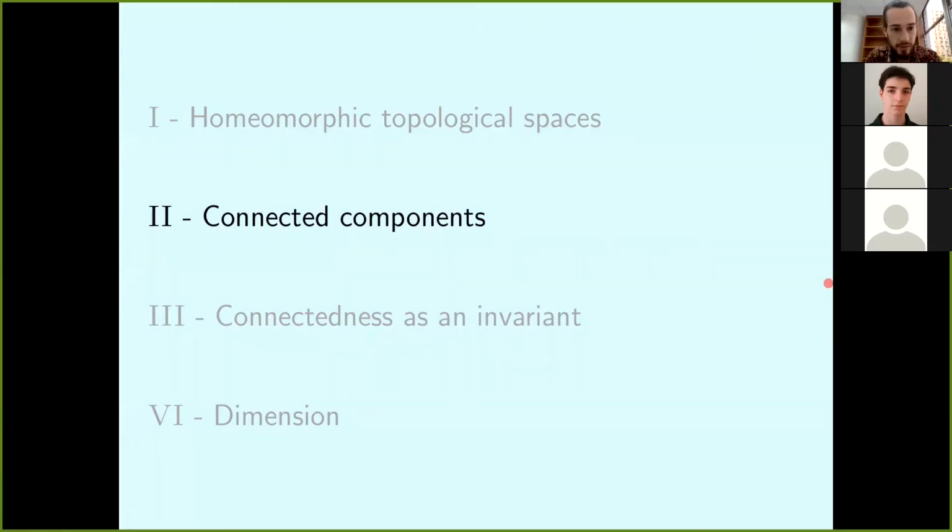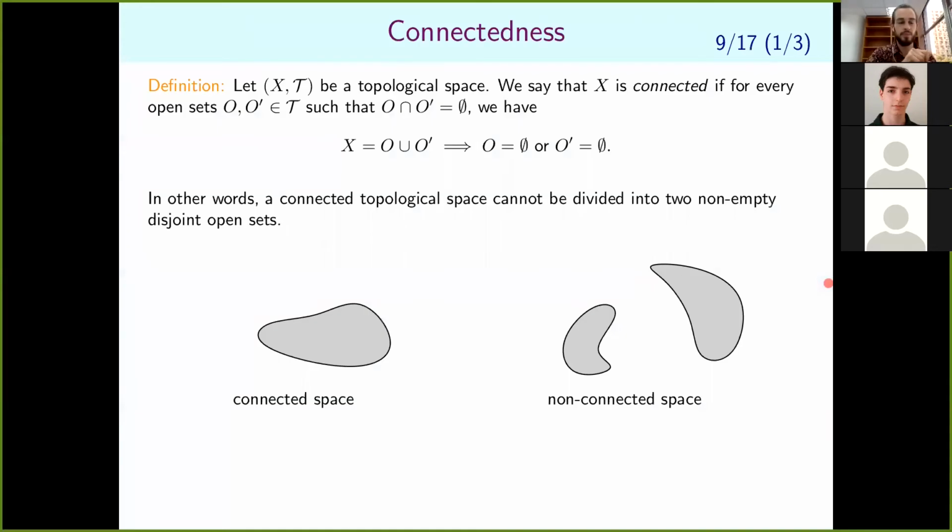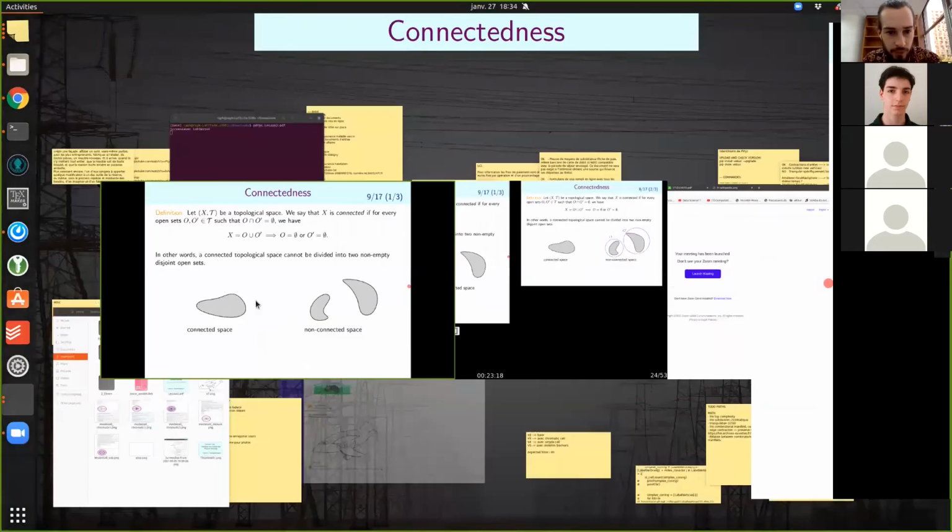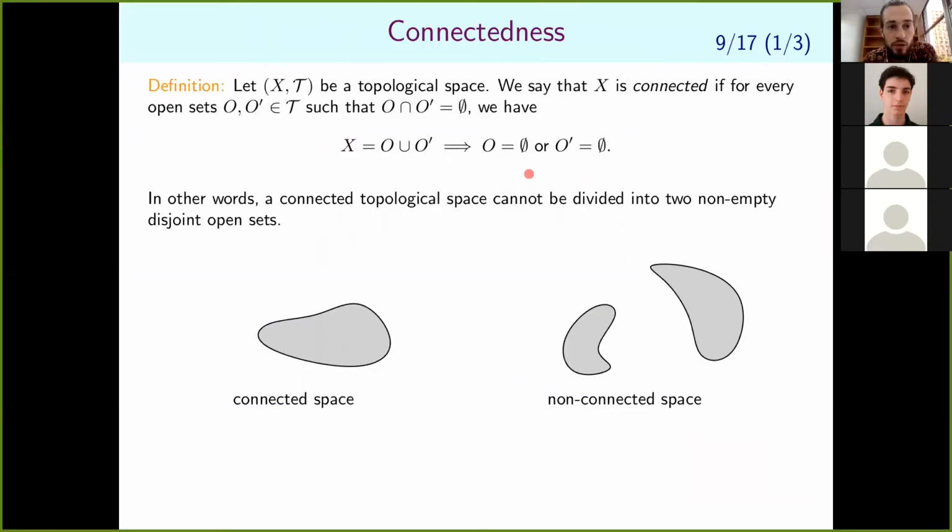So let's start with connected components. We have first to define what is a connected space. Take any topological space (X, T).